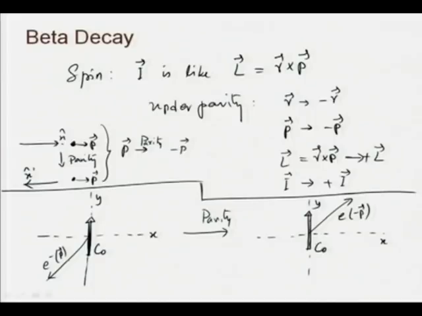So, if parity is conserved, what will happen? If parity is conserved, we expect what? For every electron coming out in the negative y direction, as in the case of the first figure, we expect an electron also coming out in the positive y direction, as in the case of the second figure.